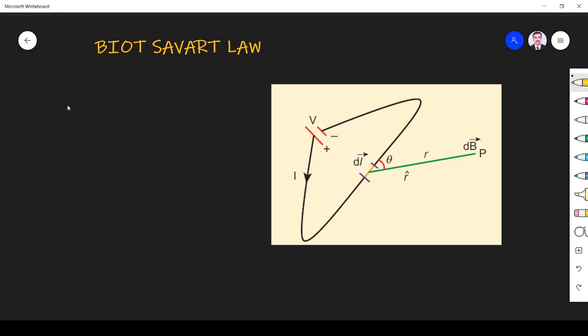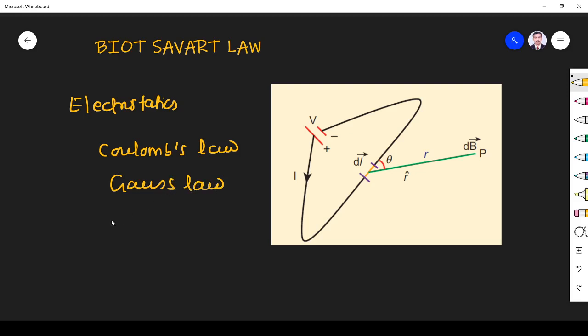We know that electrostatics is governed by two important laws: one is Coulomb's law and another one is Gauss law.